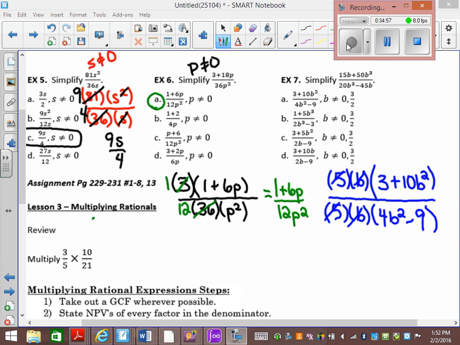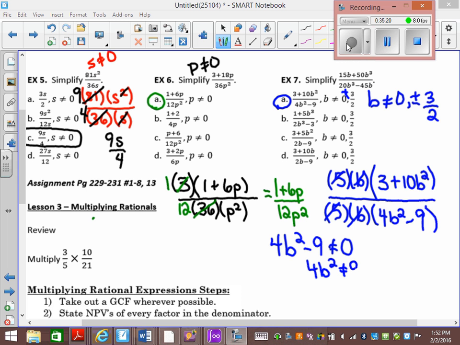The catch on this, though, is that this should be 0 and plus or minus 3 halves. This should be a positive negative. It should be b can't equal 0 or plus or minus 3 halves. Because when you solve 4b squared minus 9 out for NPVs, you're going to get 4b squared minus 9 can't equal 0. 4b squared can't equal 9. b squared can't equal 9 over 4.